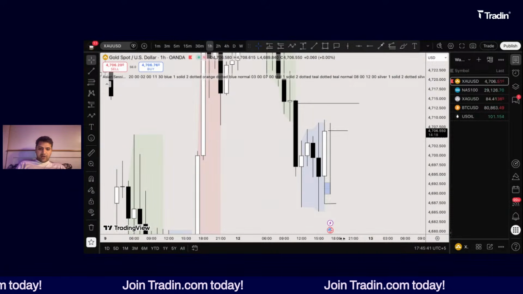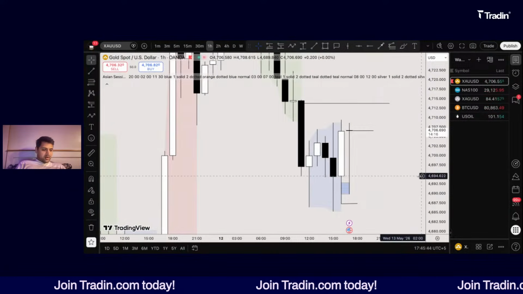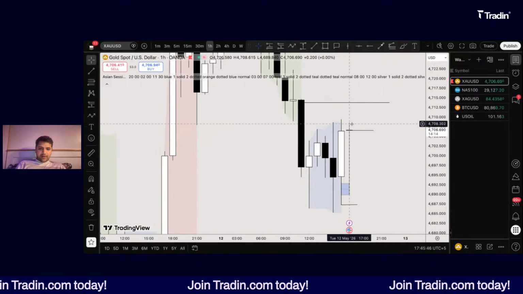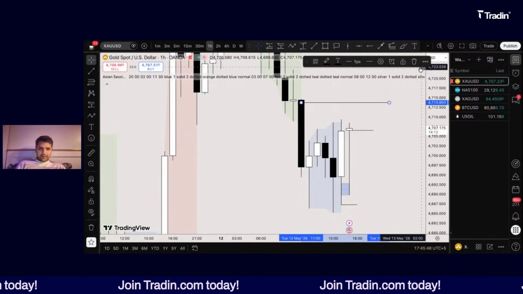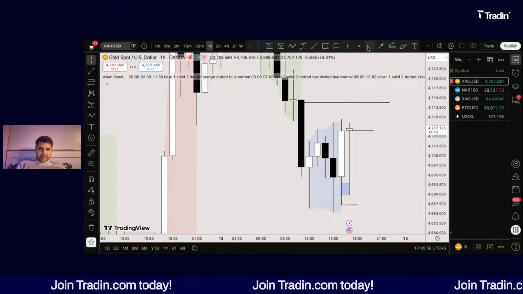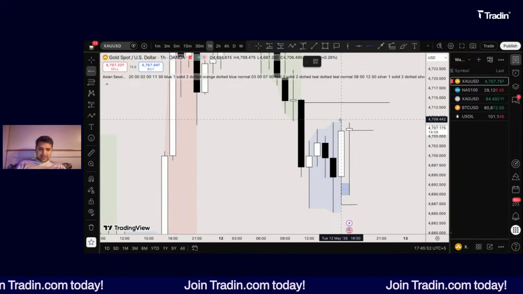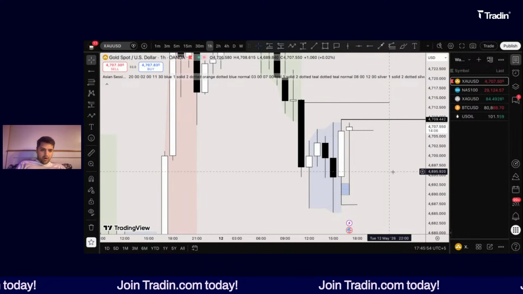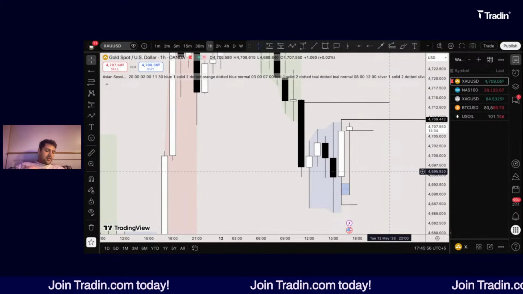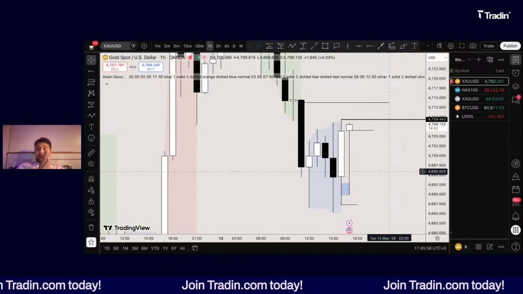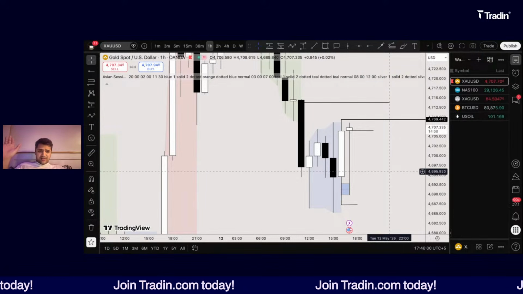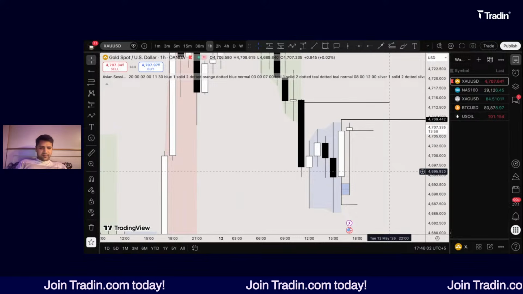Okay, so it's flipping bullish again. Now let's see if this time we can break above this previous 1 hour high, which is 4709. If we can break above 4709, that will be amazing.